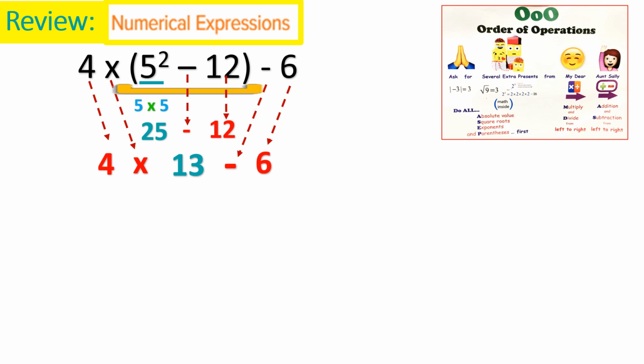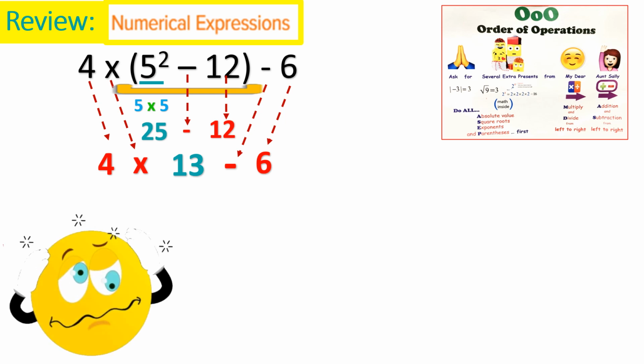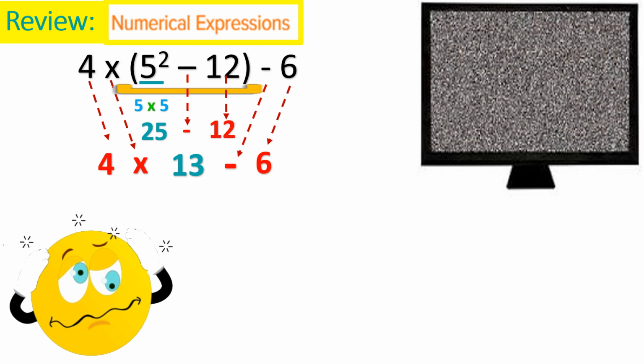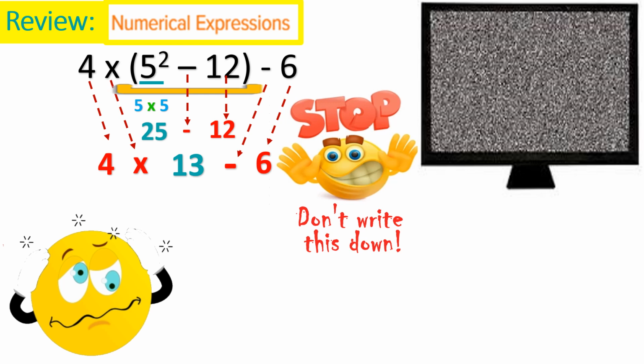Now, don't write this down because this is where some of us get confused, and I want to make sure that we have clarity. If it's not clarity, it's all fuzzy. Once again, don't write this down because this is what some people did on the previous assignment. You didn't want to multiply 4 by 13 because those are big numbers. So you said, well, I'm going to make a smaller number. 13 minus 6 is 7, and I know that 4 times 7 is 28.